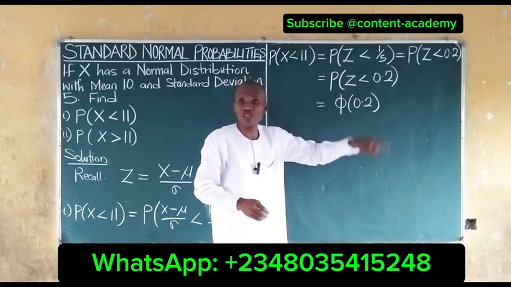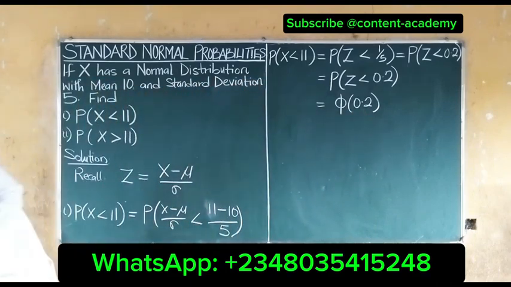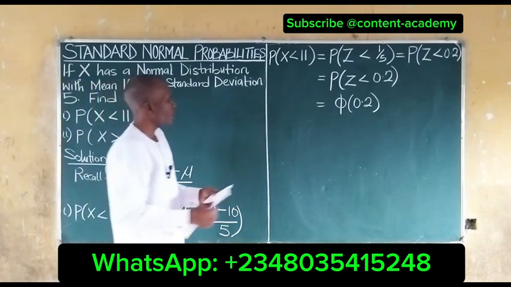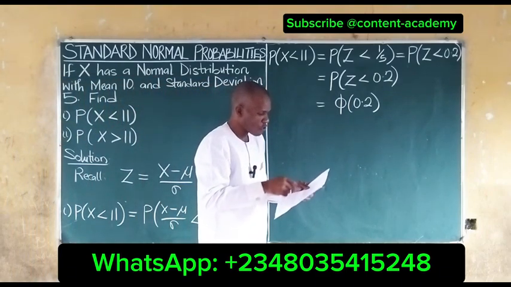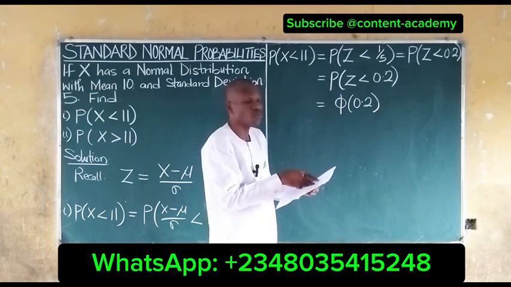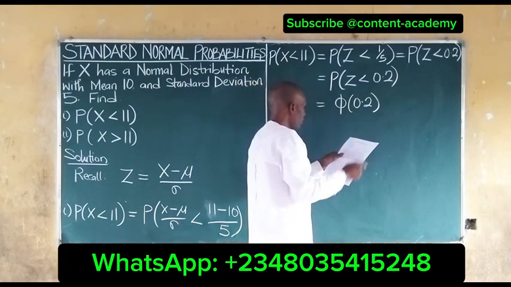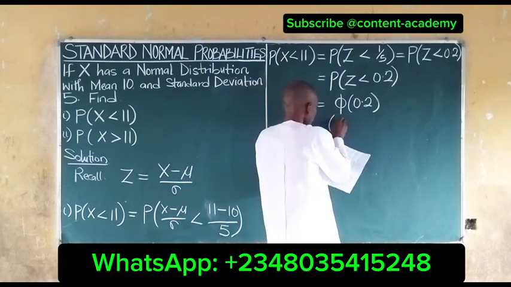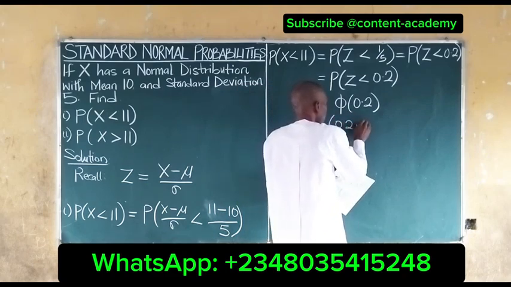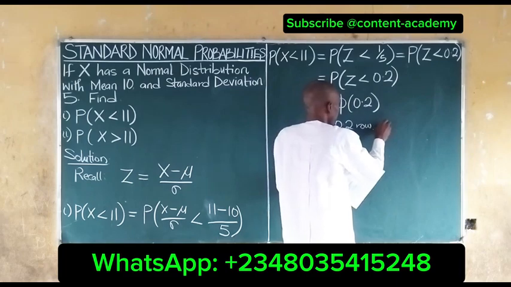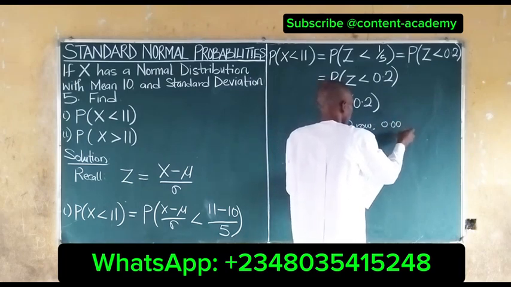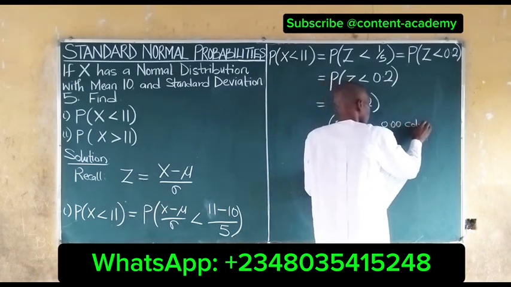We have to find the value of 0.2 using our standard normal table. What you do is locate 0.2 under the row, and 0.00 for the column.